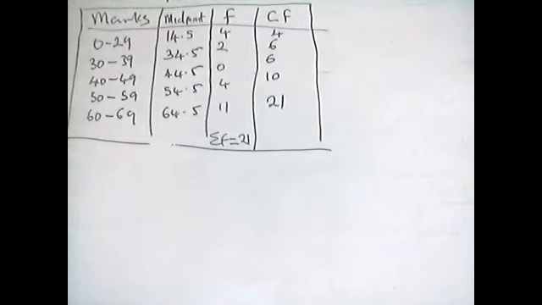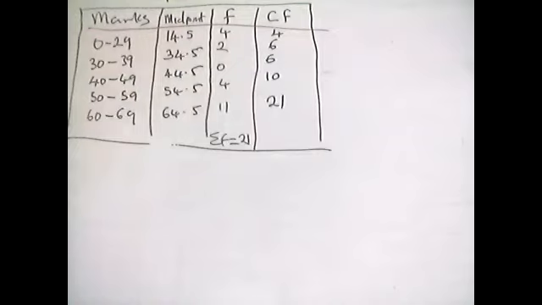So the median mark for this group is this. Now when you look at the data that you've been given, it is group data. So you have to ask yourself a question: how do we go about finding the median for group data?